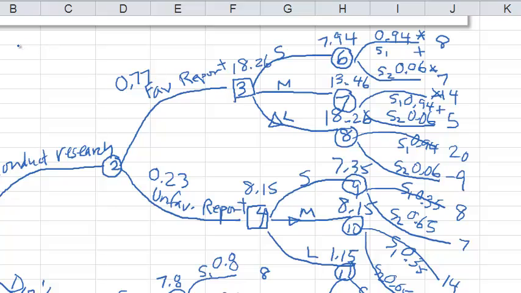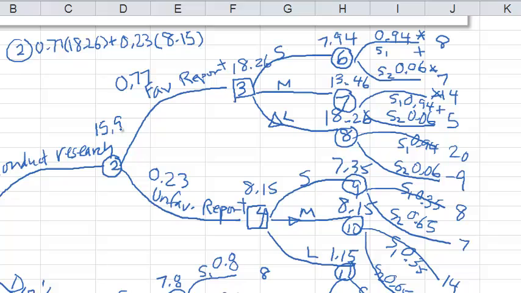So at node 2, let me also write it here, 0.77 times 18.26 plus 0.23 times 8.15. That gives us 15.93 from that calculation. Now we're almost done.